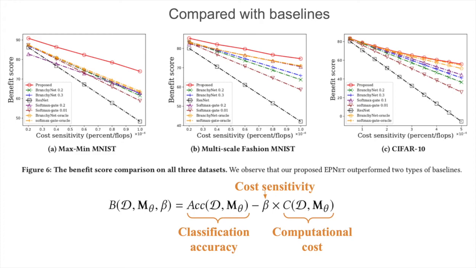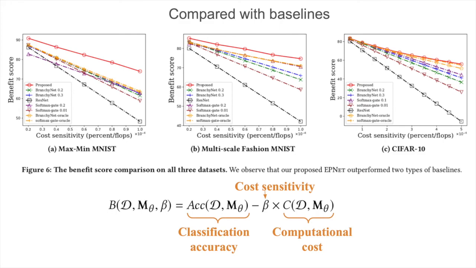Here are the results of the proposed EPNet compared with the baselines, including ResNet and other early exiting policies, on all 3 datasets. The metric is the benefit score defined previously. On each dataset, we gradually increase beta, which represents the sensitivity to computational cost.